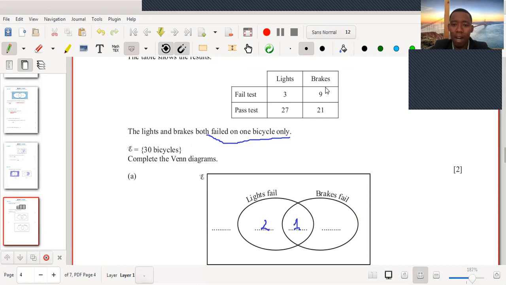And among the failed test, I have 9 here, then I take away 1, I'll be having 8. And then here, what should be the answer? They're supposed to add up to 30. What should be the answer outside?